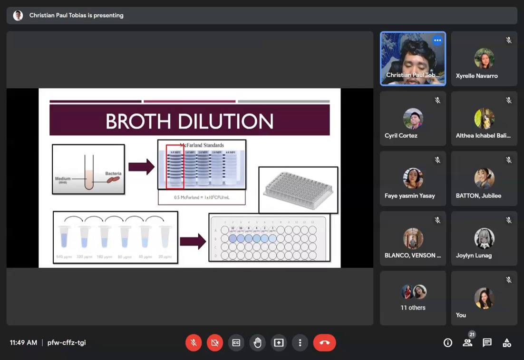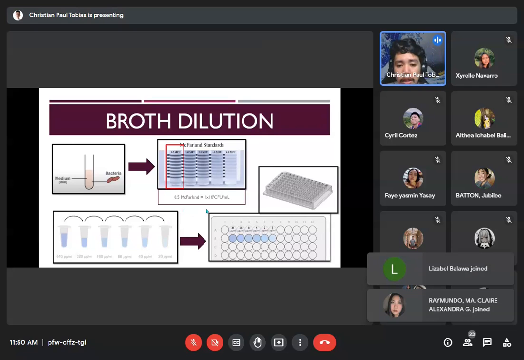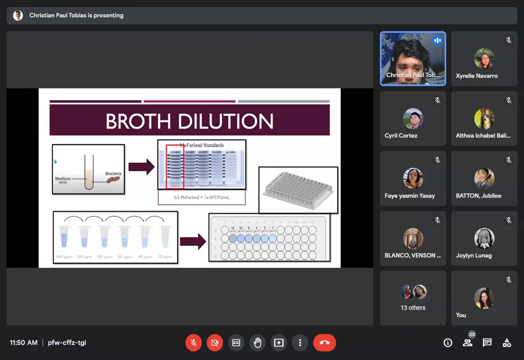If you are not sure, you can always use spectrophotometry. Its optical density should be 0.5, which is equal to 1 times 10 raised to 8 CFU per ml. Now, you will set aside your stock solution.